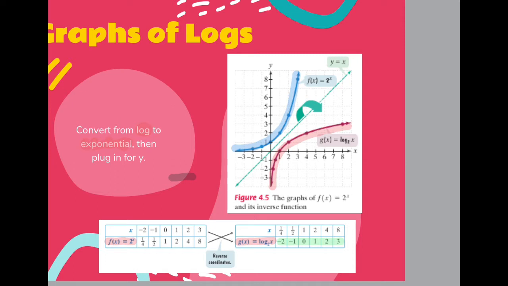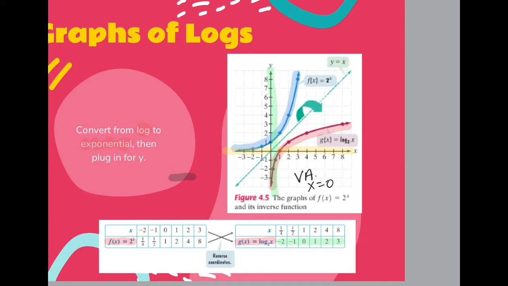Another big difference is that on the exponential functions, we had a horizontal asymptote. With logs, we have a vertical asymptote. The vertical asymptote here, which would be at x equals 0, shifts with your horizontal change.